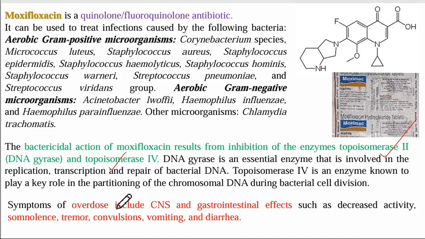Symptoms of overdose include CNS and gastrointestinal effects like tremor, convulsions, vomiting, and diarrhea.